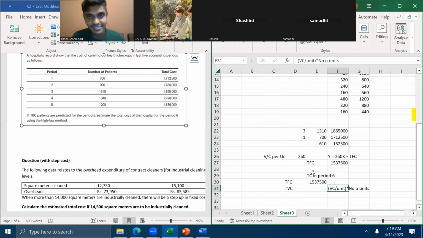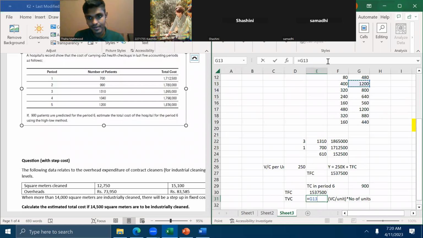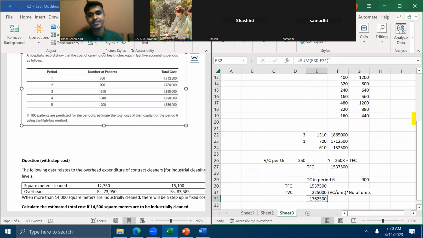You can use anything interchangeably. Here the number of units is 900, so it would be 900 multiplied by this variable cost per unit. So the total cost would be 1,762,500. You see it's in line with this information as well. It's less than 990 and more than 700. Therefore it's in line with the information we have.